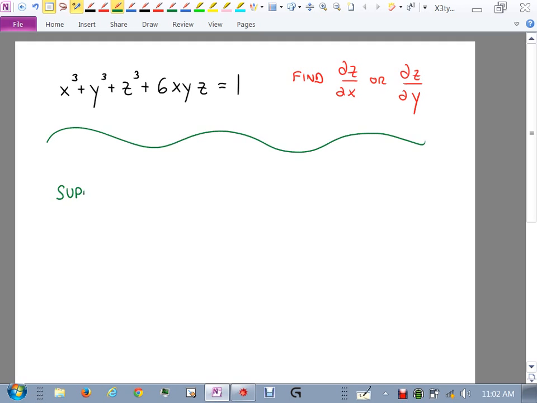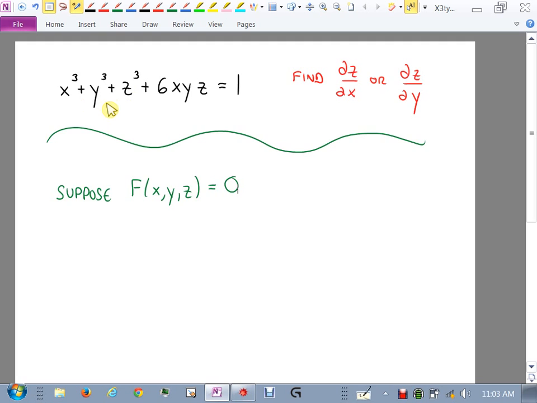Suppose we have capital F of x, y, z equals 0. In other words, we have an equation where we can move everything to one side, set it equal to 0, and the left side is some function, capital F, of x, y, z. So on the left side, you see a bunch of terms possibly with x's, y's, and z's in them.